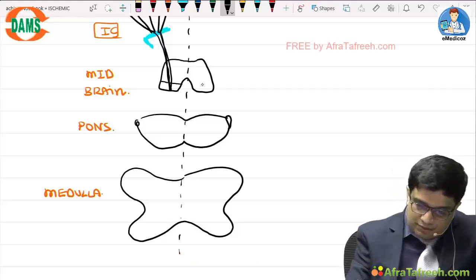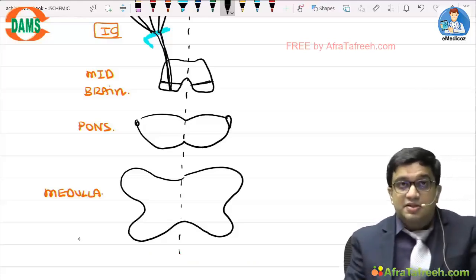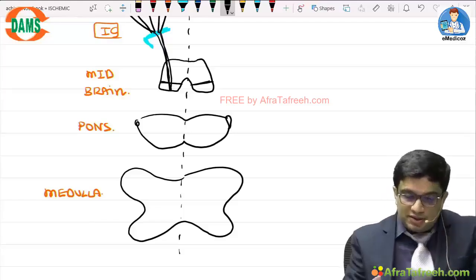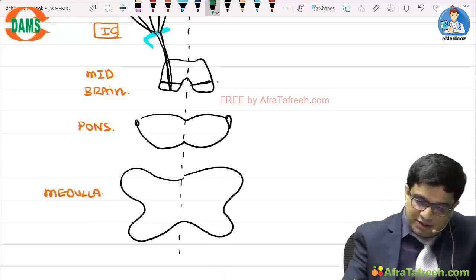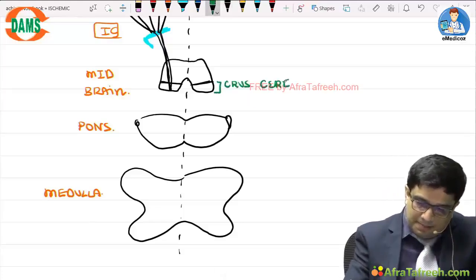So if you remember, we've discussed this pigmented part in the movement disorder Parkinson, that's the substantia nigra. In front of it there's a connection of the midbrain with the cortex, right? That particular connection has got a name, the crus cerebri, right?